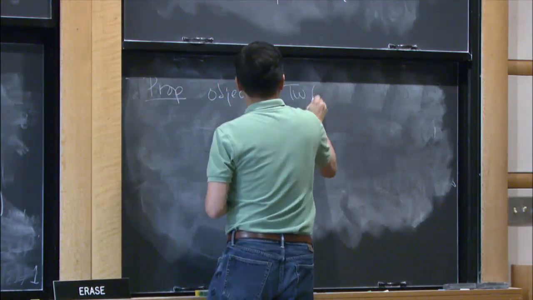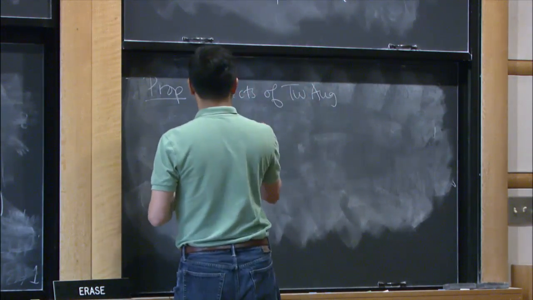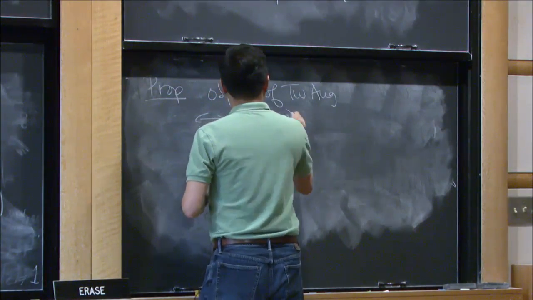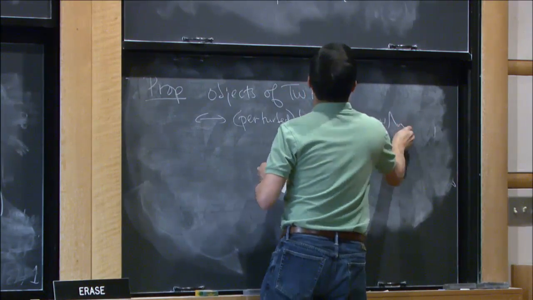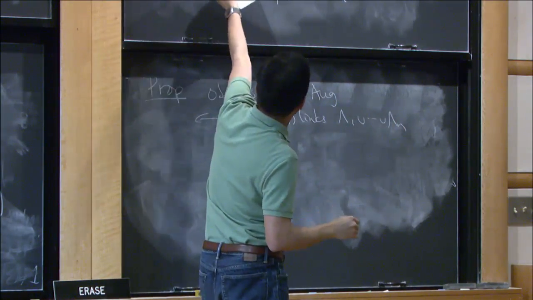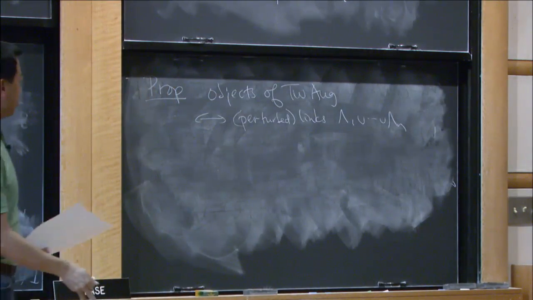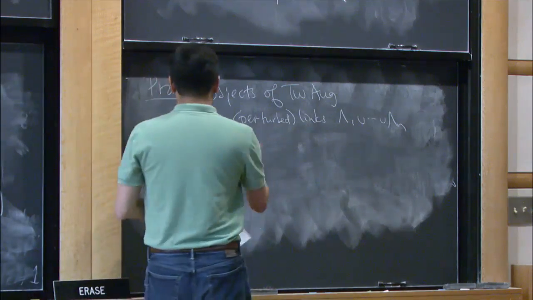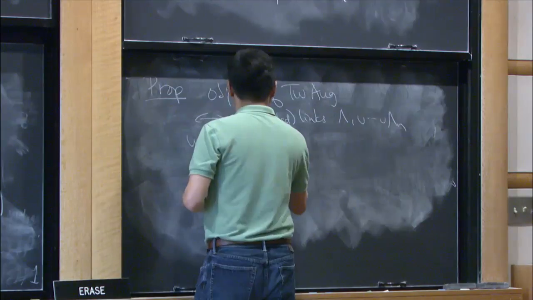Twisted complexes, so objects of this thing, are exactly in one-to-one correspondence with links lambda 1 through lambda n. You just take the union of these Legendrians, and that gives you some link, and then possibly you have to perturb it a little bit as before, with what's called an upper triangular augmentation.